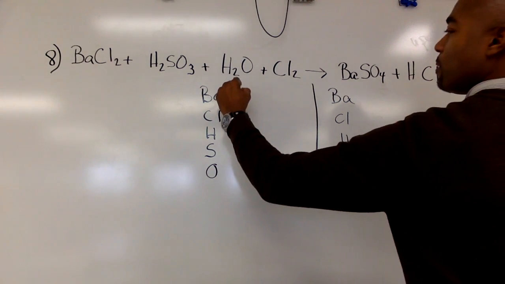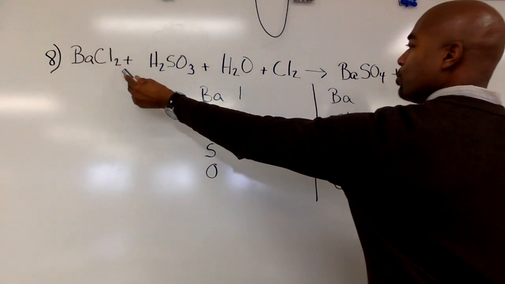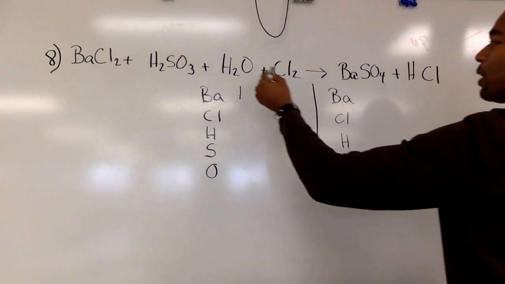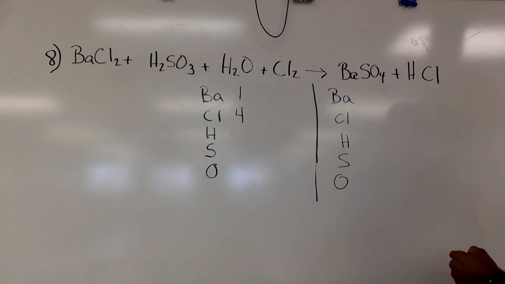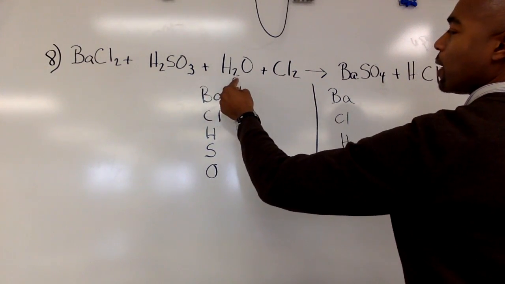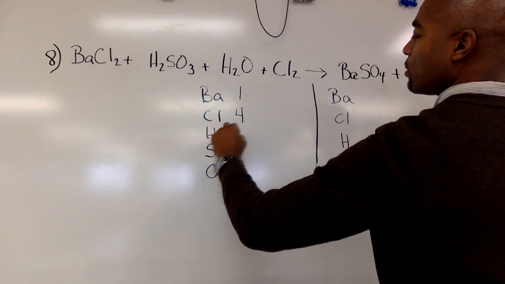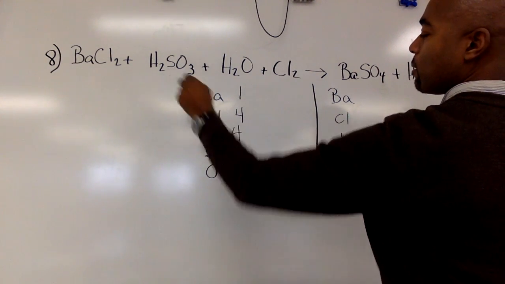I see 1. Chlorine, I see 4. There's 2 here, plus the 2 that's here. So this is 4. Hydrogen, I see 4 also. 2 here and 2 there. Total of 4. Sulfur, I see 1.